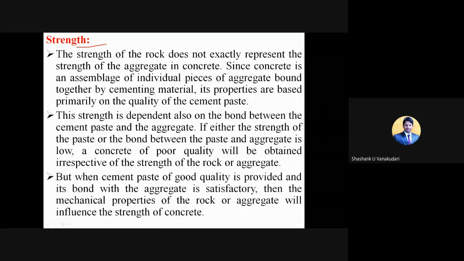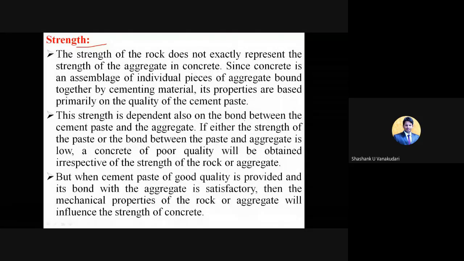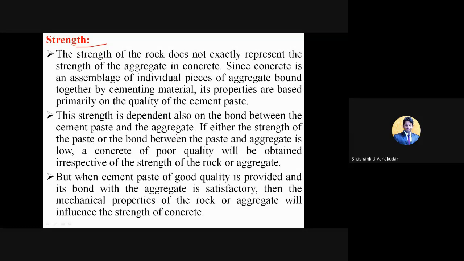Clear? This strength is purely dependent upon the bond between the cement paste and the aggregate. So you need to select the cement paste in such a way that it gives the proper bonding strength between the aggregates. Clear? If the cement is not pure and consists of improper materials within its structure, it won't give the proper bonding between the aggregates.